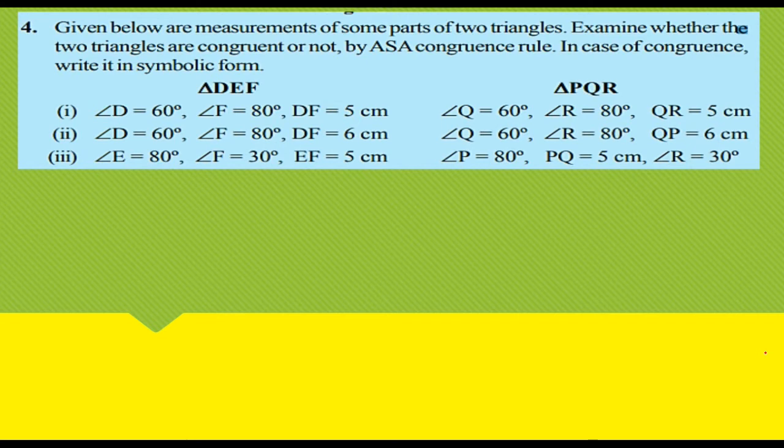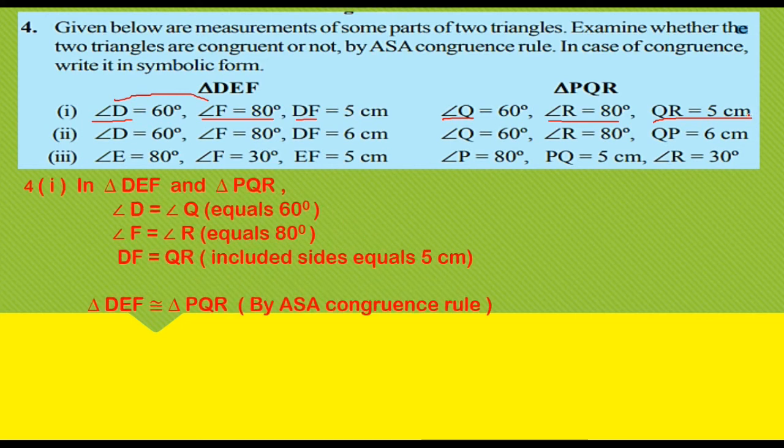We can see in the first part we have angle D equal to angle Q, angle F equal to angle R, DF, that is the included side between D and F. DF is 5 centimeter. Here the included side QR measures 5 centimeter. So by ASA criteria, triangle DEF is congruent to triangle PQR.